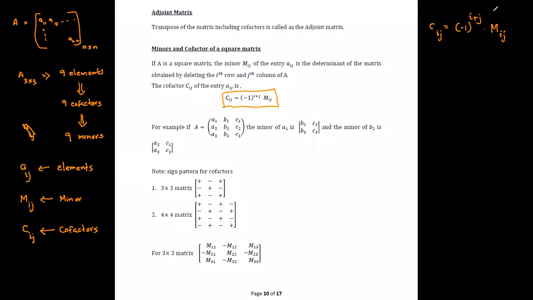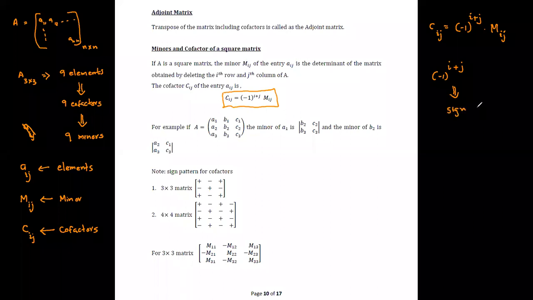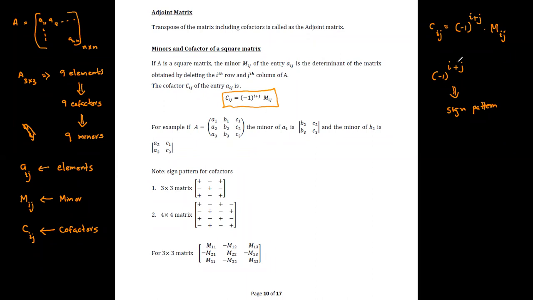Apart from using this equation, we are tempted to use the sign patterns which are defined for each type of matrix, but actually the sign pattern is based on this quantity, minus 1 to the power i plus j.